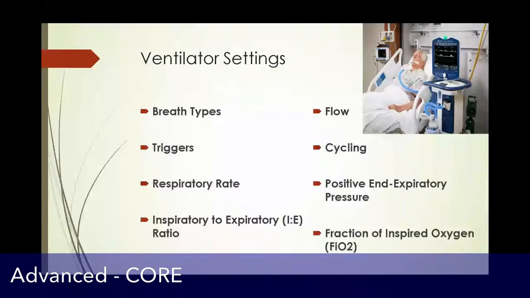Then how many times a minute the ventilator goes off, the respiratory rate, and the inspiratory to expiratory ratio, so how long is spent delivering the oxygen into the lungs and how long is spent allowing for exhalation. And the flow, how fast the gas moves into the lungs. Cycling, so at what point you switch from inspiration to expiration.